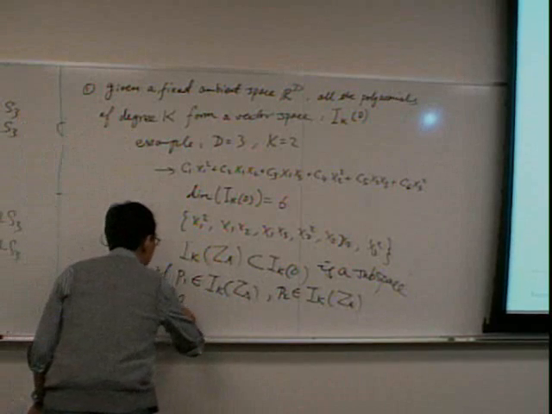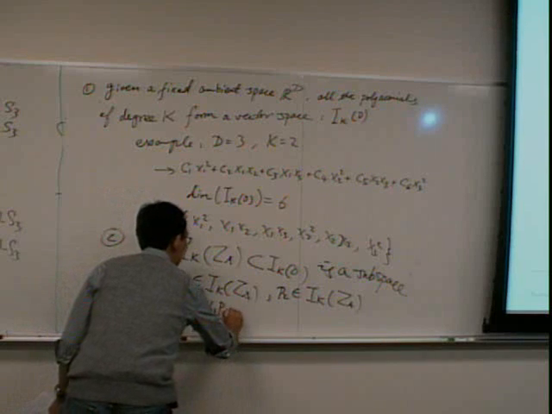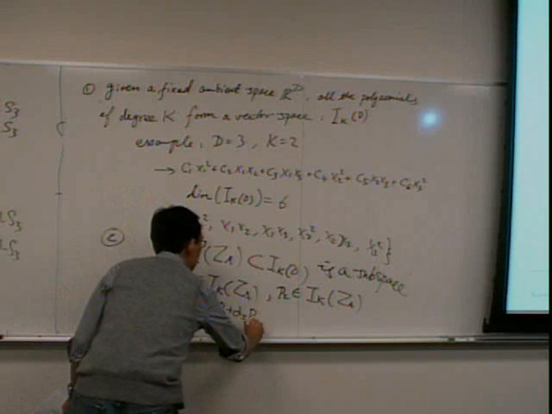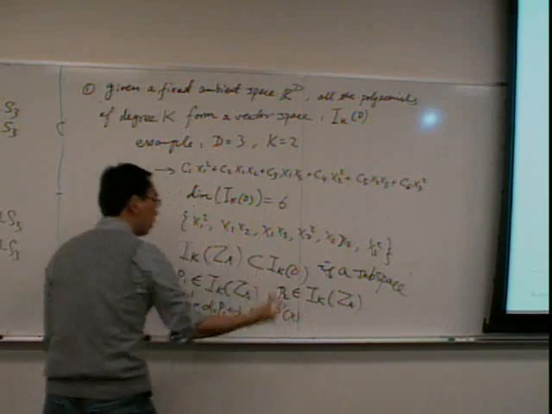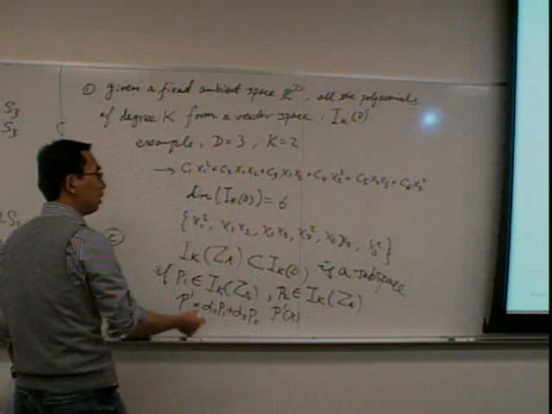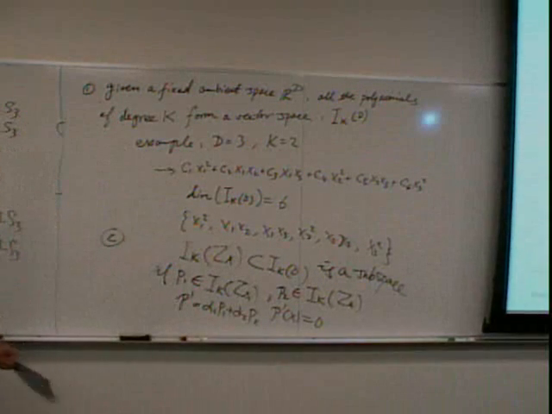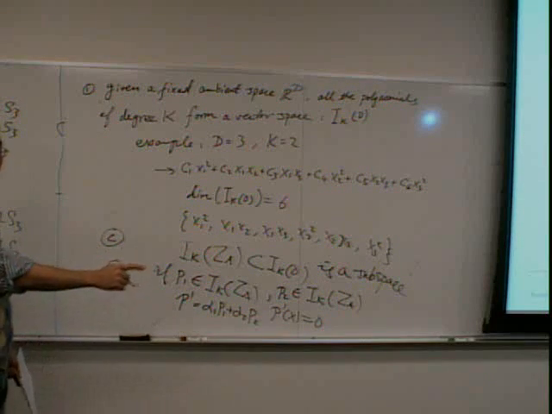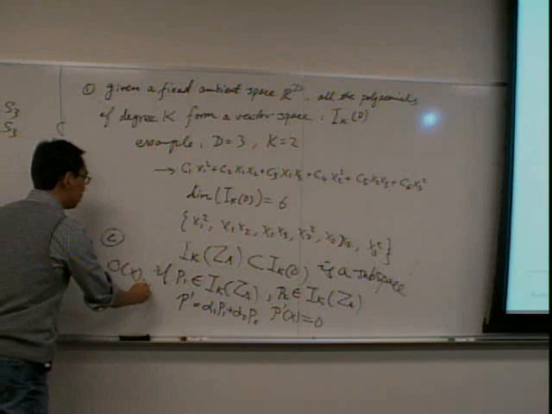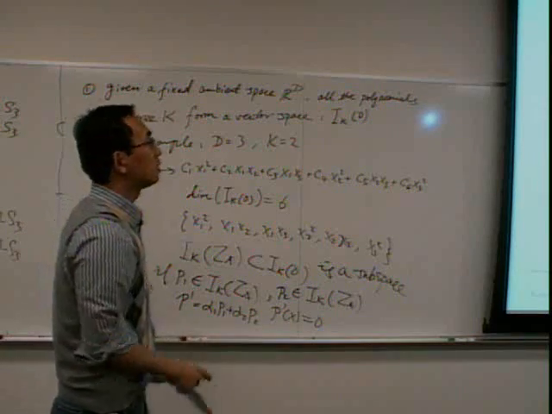So if you define P prime equal to alpha 1 P1 plus alpha 2 P2, P prime evaluated on all the points from the union of the k subspaces is also equal to 0. Okay? Second condition, it is a subspace. And for the third condition, you have to check 0 is in there, right? The zero polynomial evaluated at any point is going to give you 0. So this subspace also has a 0. So this indeed is a subspace.